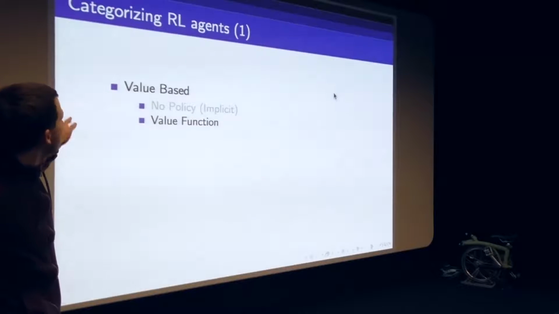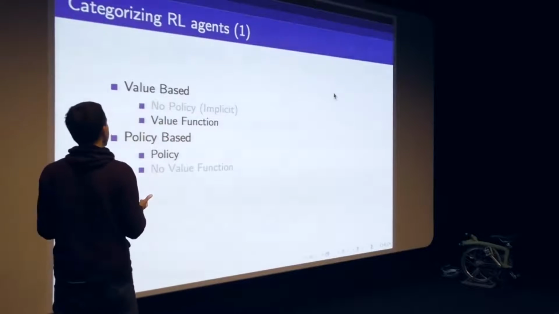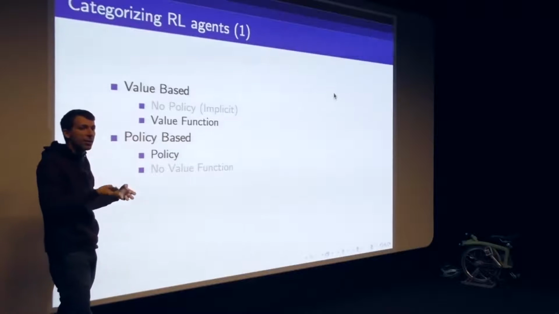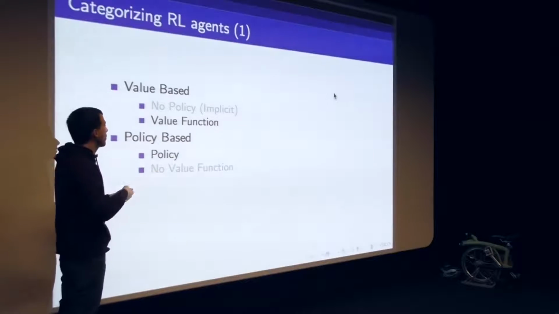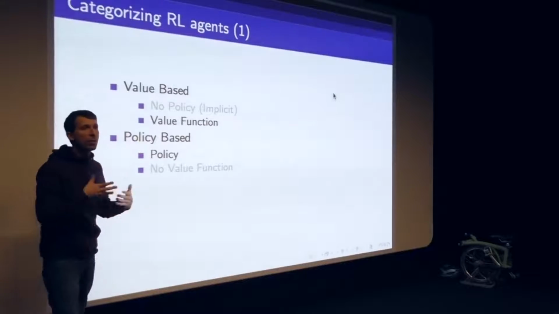Okay, so to categorize the agents, they can be value-based, or they can be policy-based. To build a policy-based agent means that now, instead of representing inside this agent the value function, how well it's going to do from each of these states, instead we explicitly represent the policy, and we work with the policy.